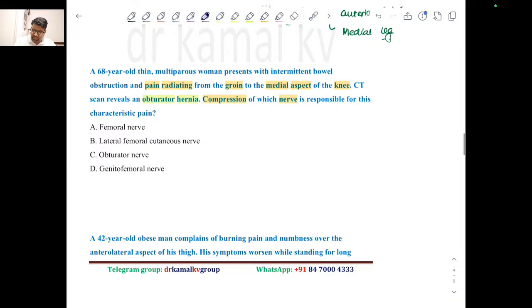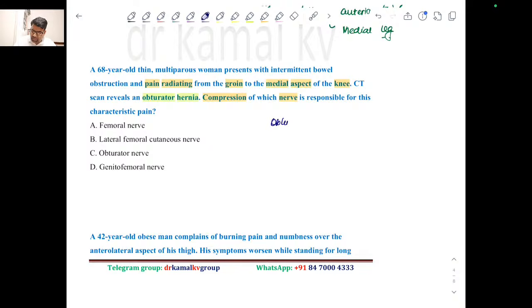So what is happening here? There is obturator hernia, and classically patient is having pain going from groin to medial aspect of knee. So this is pain radiation. So this is actually a classical Howship-Romberg sign of obturator hernia.